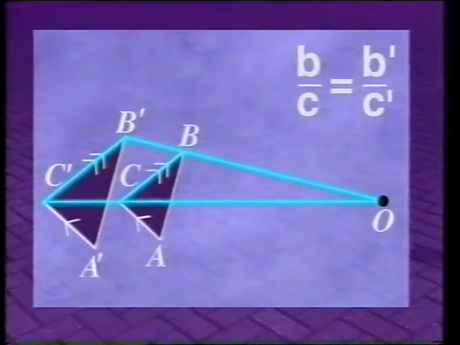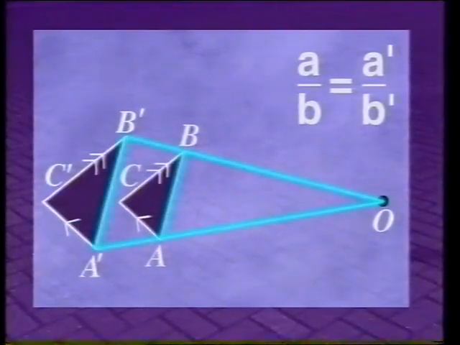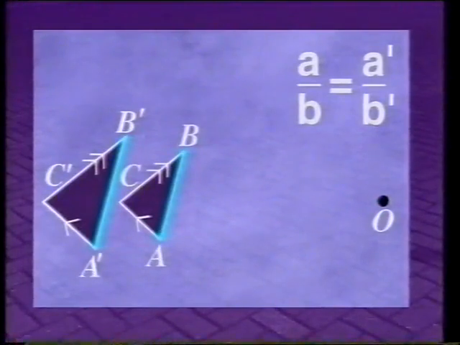We divide one of these equations by the other and deduce that A over B is equal to A' over B'. Now look at the triangles OAB and OA'B'. Since the sides are in proportion, we now deduce that the lines AB and A'B' are parallel, which is what we wanted to show.